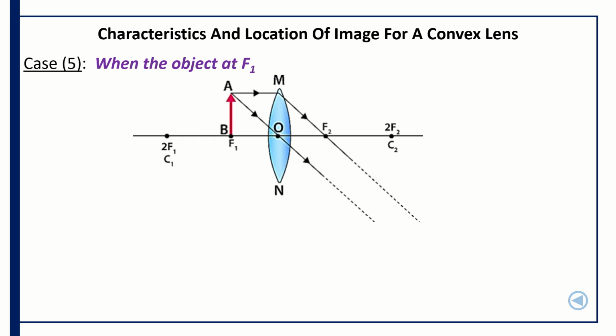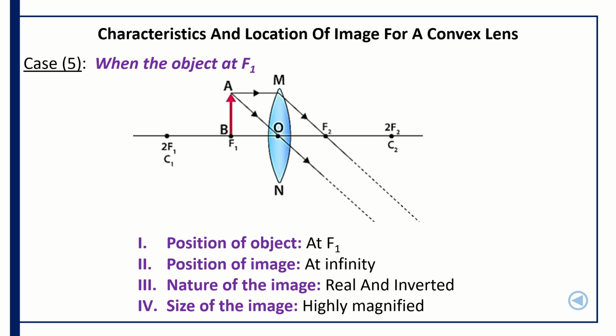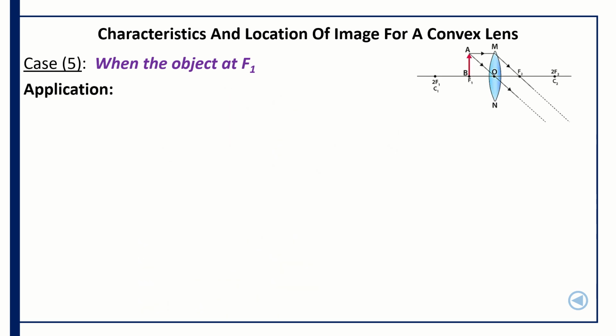We are getting the image at infinity. So the position of the object is at the focal point of the convex lens, and the image formed is at infinity. Here again we are getting a real and inverted image, but the image is formed at infinity, so we are getting a highly magnified image when we keep the object at the f1 position, that is at the focal point.